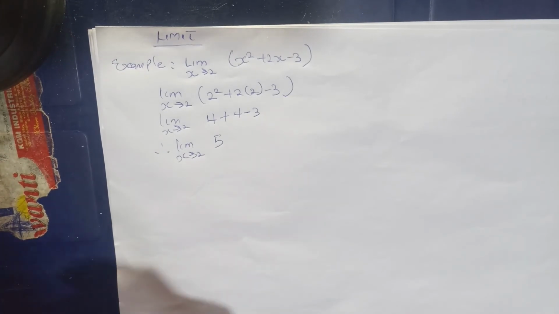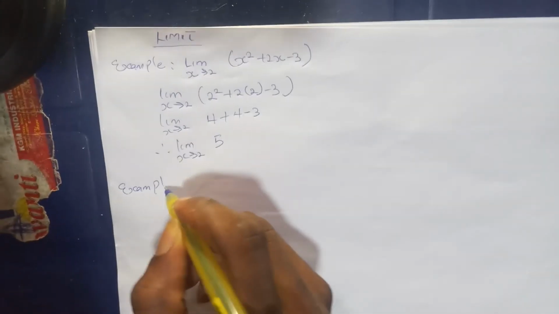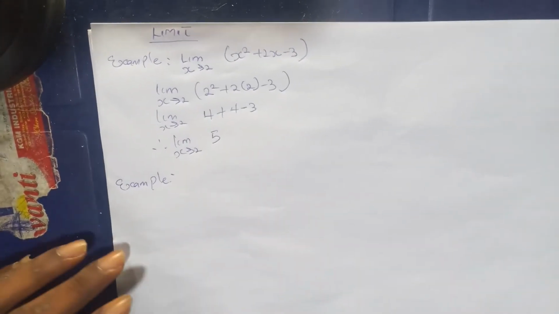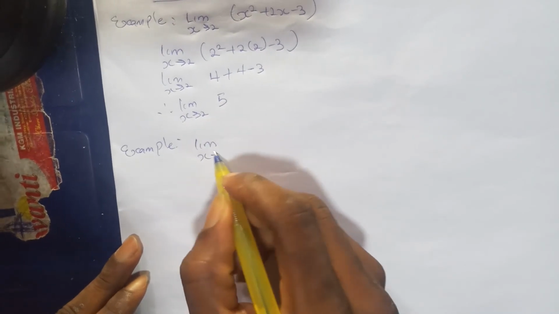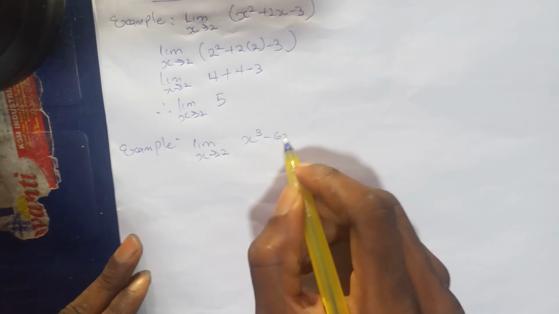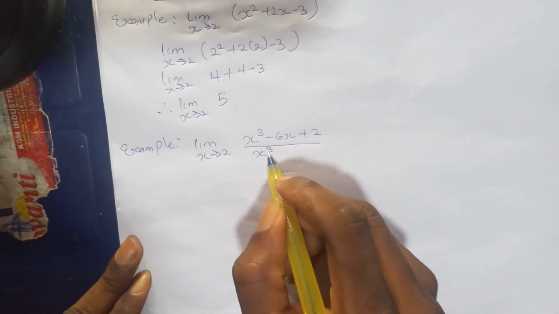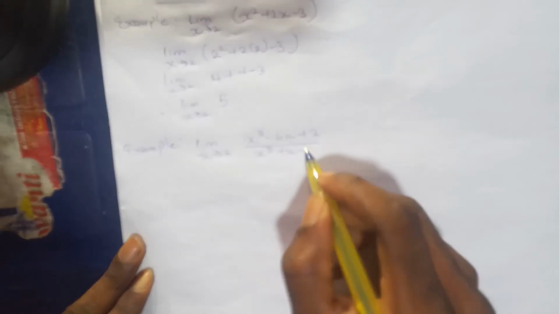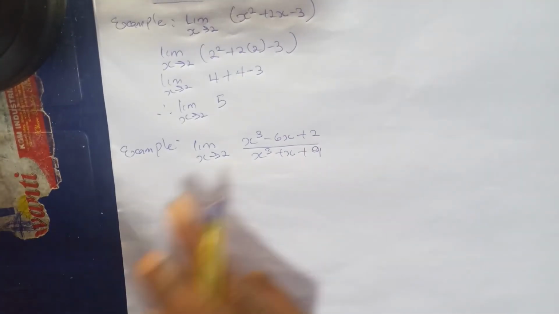Let's take the second example. Lim x approaches 2, (x minus 3)(x plus 2) all over x cubed plus x plus 9. Then now we are going to input 2.